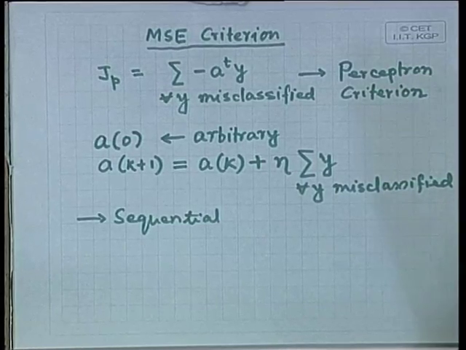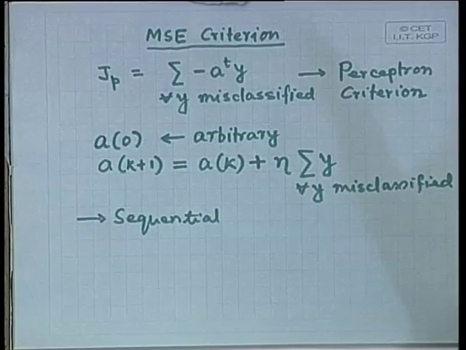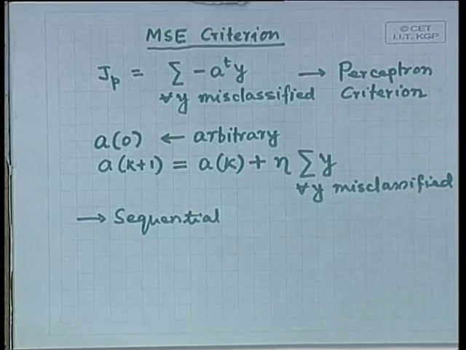Whenever a sample is misclassified, instead of trying to aggregate all the misclassified samples together, you immediately update the weight vector A. So, our weight updation rule was sample by sample.